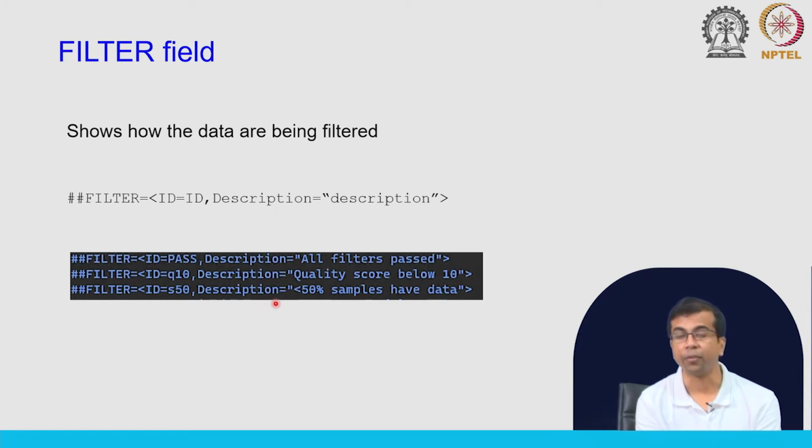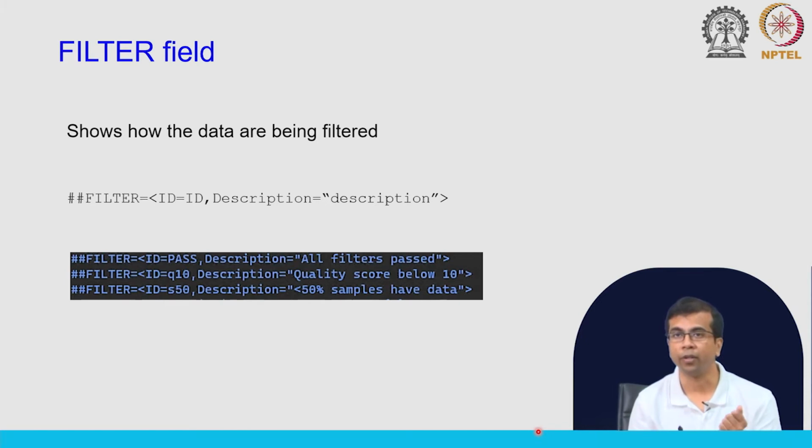The description is less than 50% of samples have data. Again, you can set these different filters, and for different types of analysis you can have different types of filters being set, and all those will be described in the meta information lines. So, as you can see, this VCF file can vary from one analysis to another depending on the types of filters, depending on the INFO that are given.